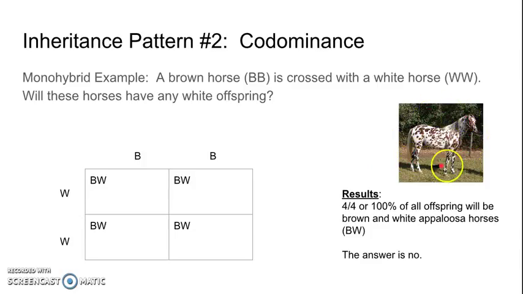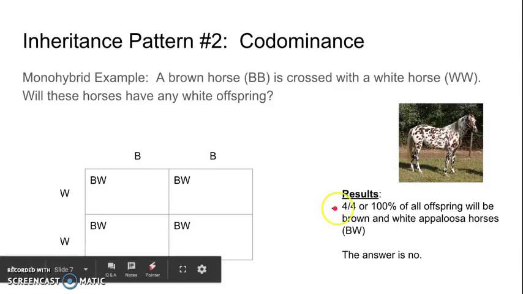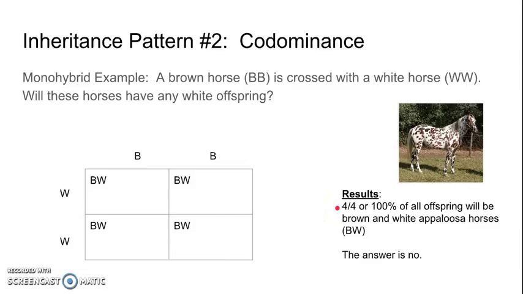So all of those possibilities will result in a horse like this. And so the results are 4 out of 4 possible chances, or 100% of all offspring will be brown and white Appaloosa horses, BW. So to answer the question, if there will be any white offspring, the answer is no.